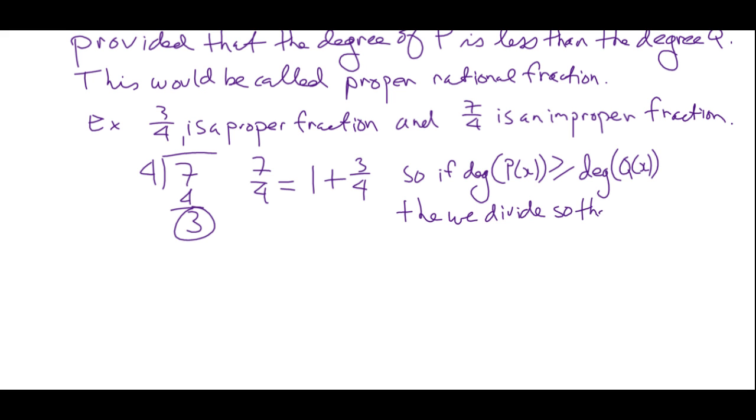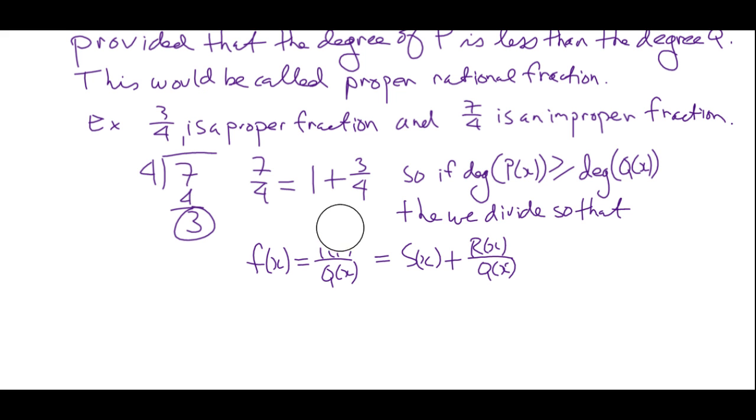So we end up with f of x equals p of x over q of x, which is divided to give you s of x plus r of x over q of x.